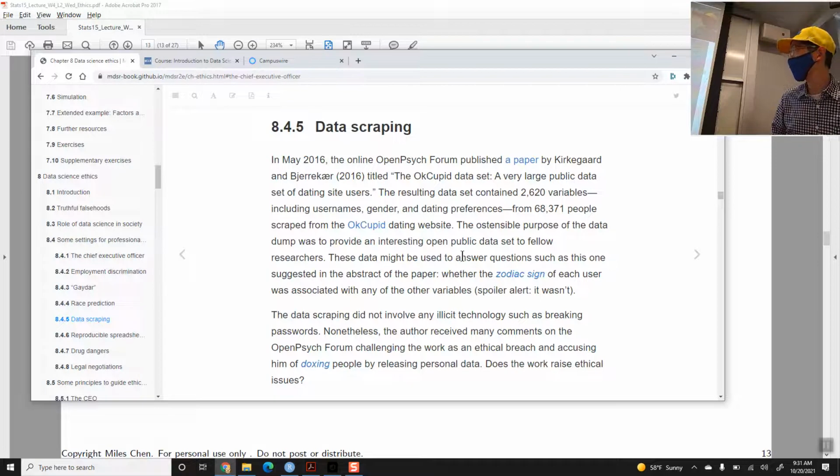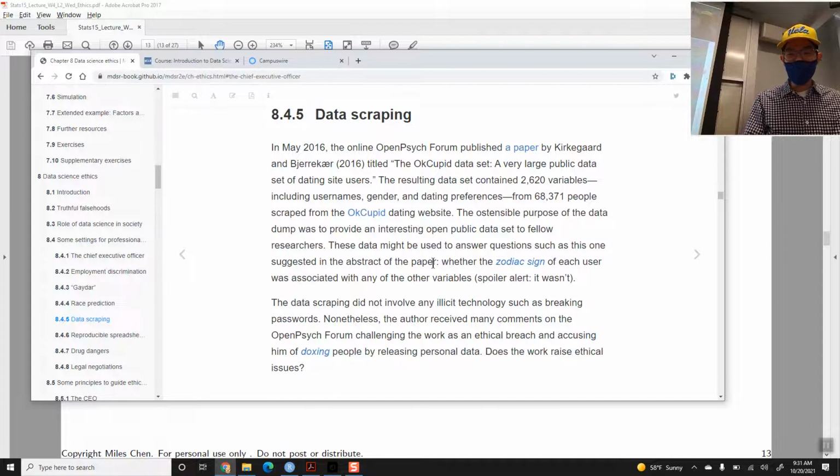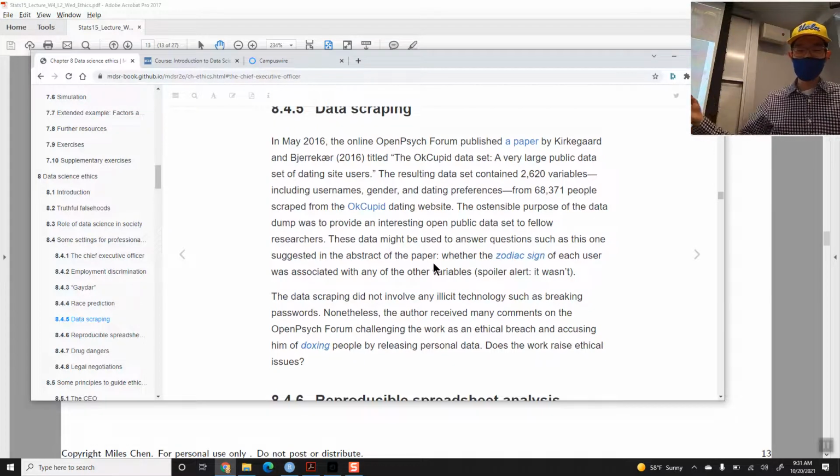They were asking different kinds of questions related to different things, and one of them was zodiac signs. Did that help with anything? The result of their study was that it didn't help. But the question is about the fact that they even just scraped this data.